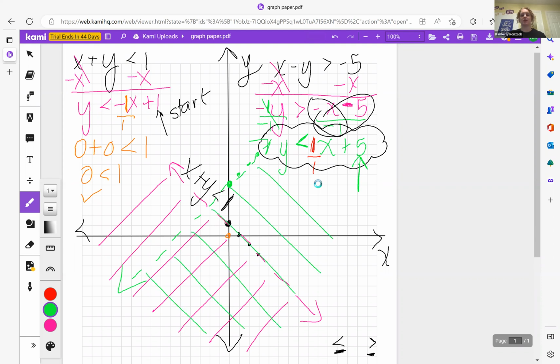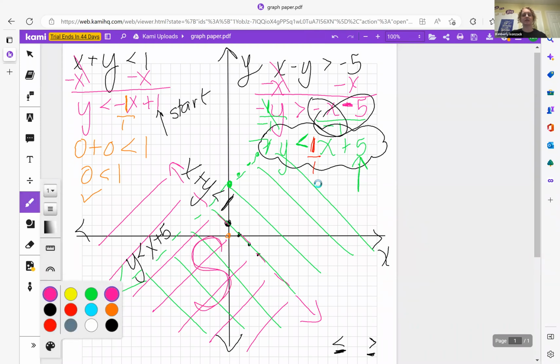I shade below. Let's label that line just so we know which one's which. I know it looks a little bit of a mess, but these tend to look a little messy. So the solution set is this area right here. I'm going to put a big S there.